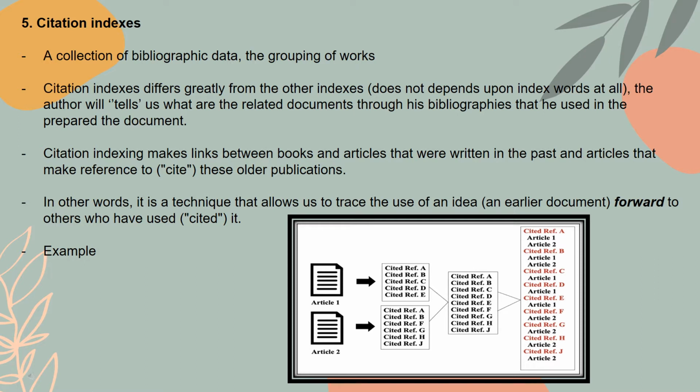Citation indexing makes links between books and articles that were written in the past and articles that make reference to, or cite, this older publication. In other words, it is a technique that allows us to trace the use of an idea forward to others who have used it. So here is one example that I found about the citation indexes process.